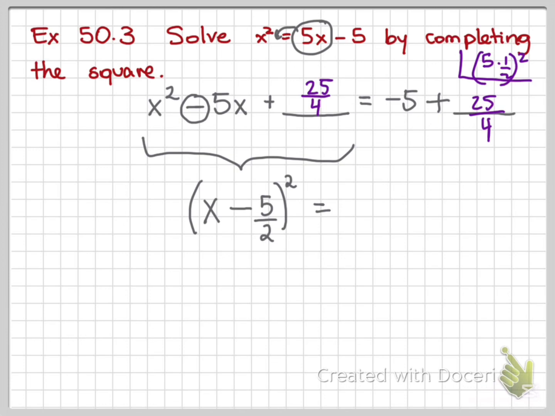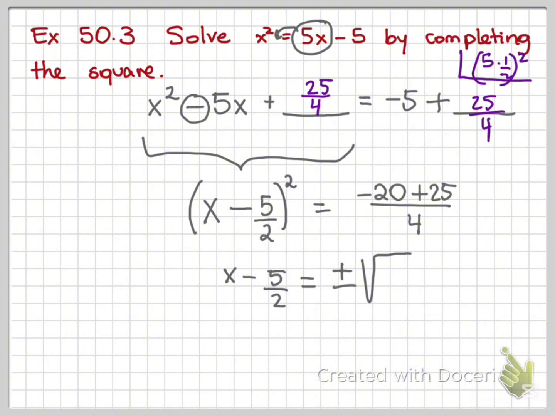On the other side, we have to add that, and to do so, we need to do common denominator. So I'm going to multiply the -5 times 4, which is -20, plus 25/4. And then if we continue, we have to get the plus or minus square root of that, which is 25 minus 20 is 5/4.